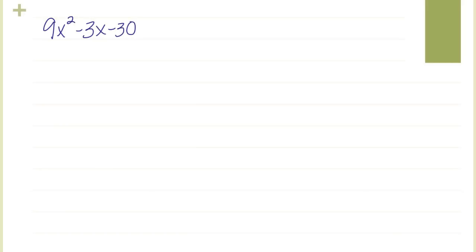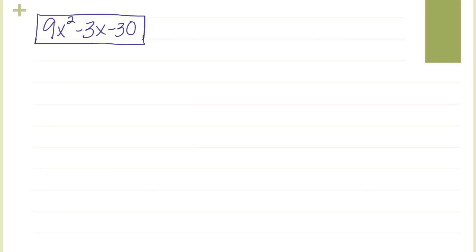Okay, so this one we're going to end up having a GCF, I promise you. We're going to do 9x squared minus 3x minus 30. So that's my initial problem.